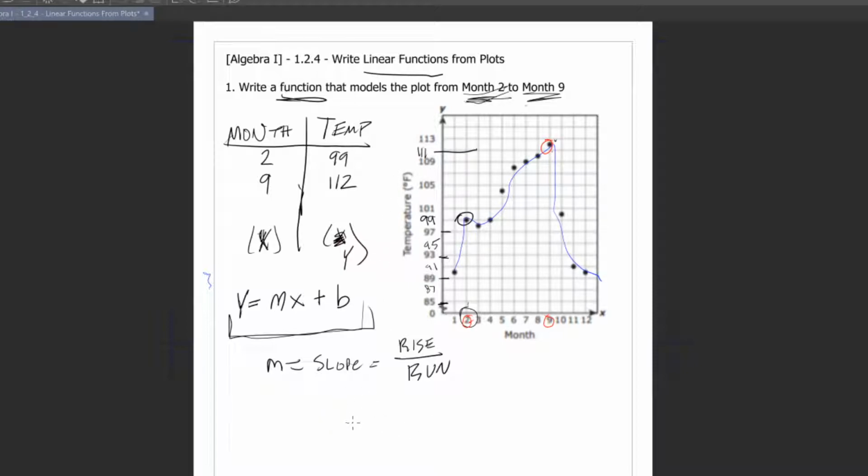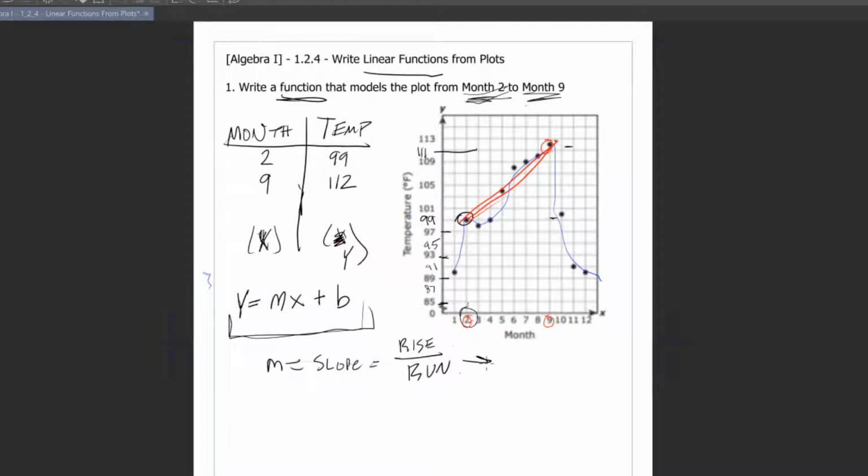Now, if we want to create the slope for this plot, which I will draw in red, going from month 2 to month 9, and that is the straightest line I can make right now, we can do this. So rise is detailed as the rate of change from one point to another in terms of the y values. And it's the same thing for the run, right?